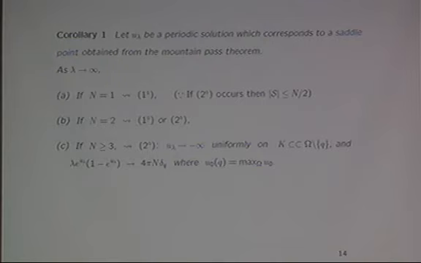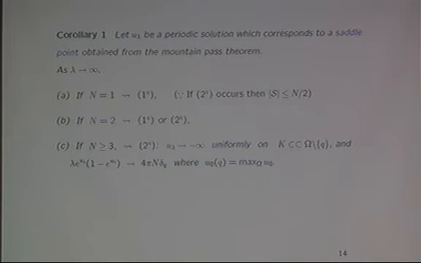So as a corollary, we can obtain an interesting fact on the periodic solutions. We recall that we have found a global minimizer and a saddle point of the functional I lambda. The global minimizer tends to 0, so we have nothing more to do.